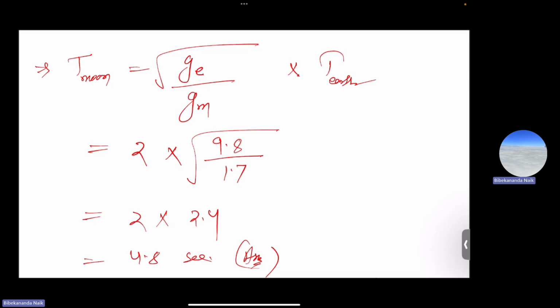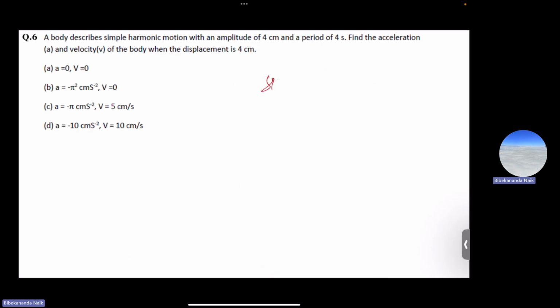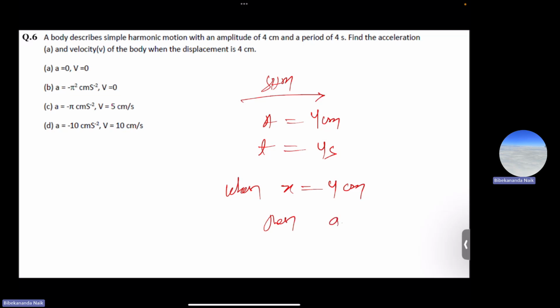So simple harmonic motion of a body is given, amplitude is 4 centimeter and time period is 4 seconds. Find the acceleration and velocity of the body when displacement is 4 centimeter. So when x is 4 centimeter, then what is A and V, that we need to find.